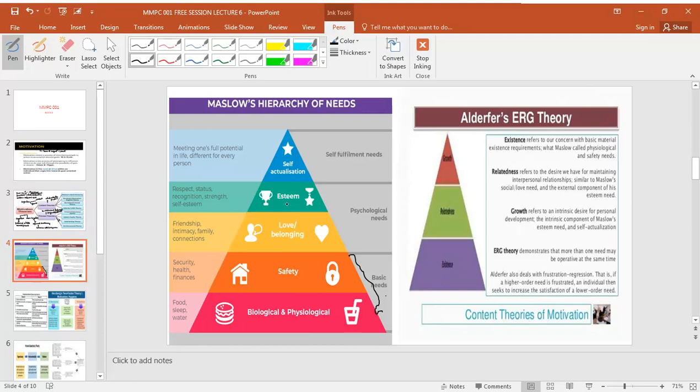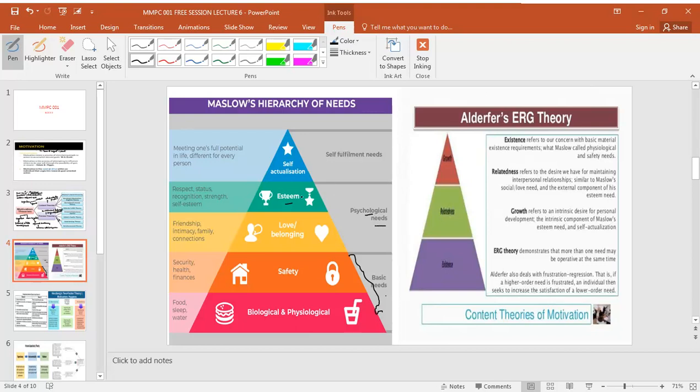Esteem needs means you want to attain respect, gain status and recognition, and achieve self-esteem. These esteem needs and social needs together constitute the psychological needs.